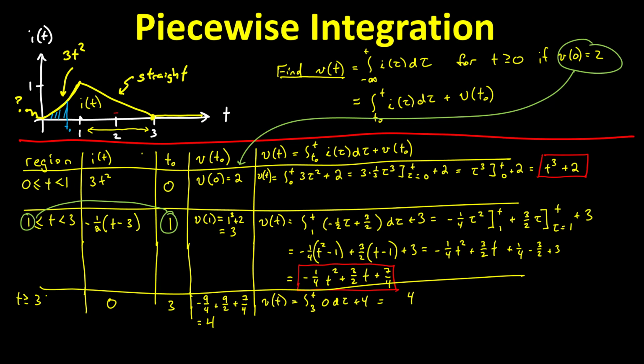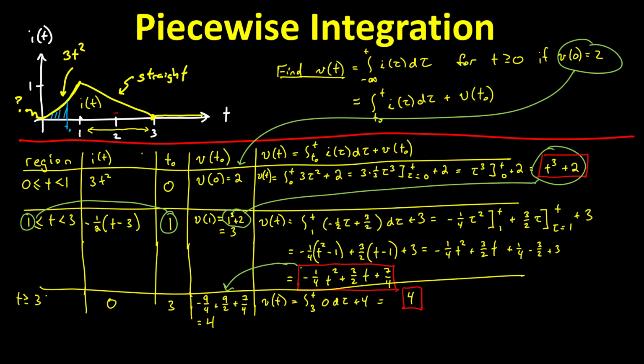So those are our 3 answers, each with their region. And just to review where the numbers come from, this comes by evaluating this at the initial condition. Similarly, if you evaluate this at the initial condition, you get that. So now there has to be a better way to write our answer because this looks pretty messy.